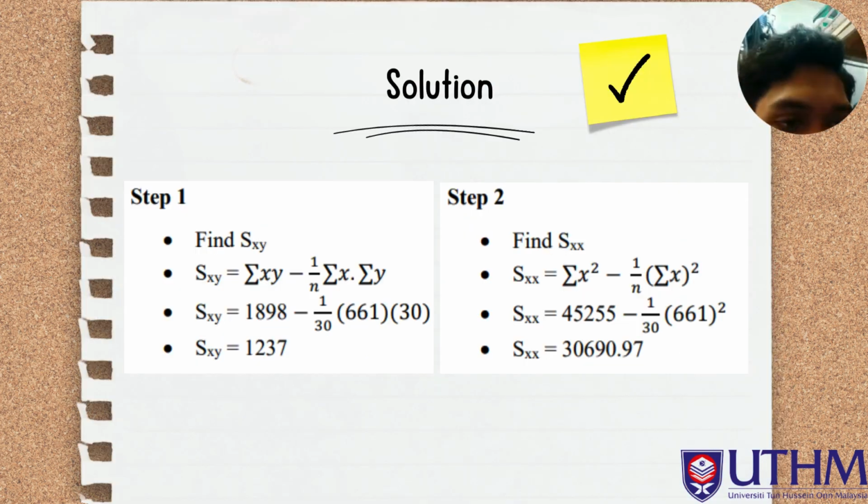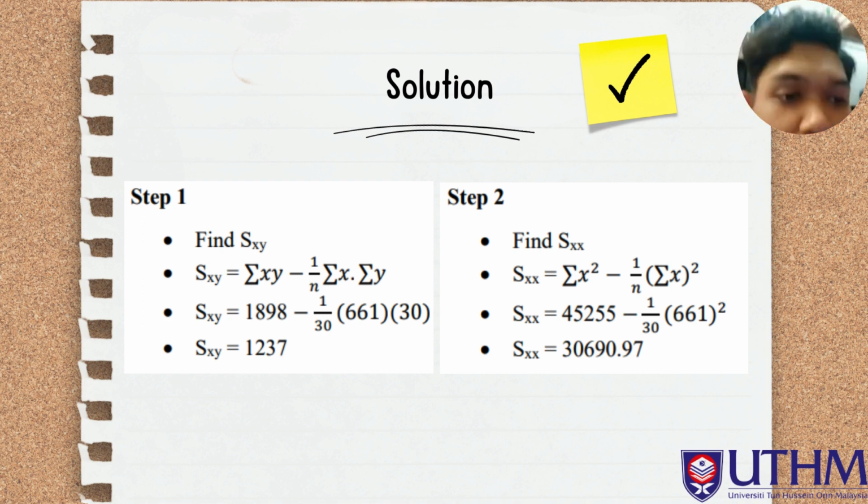We find SXY. For the calculation, we take the sum of XY minus 1 over n times the sum of X times the sum of Y, and we get SXY equals 1237.